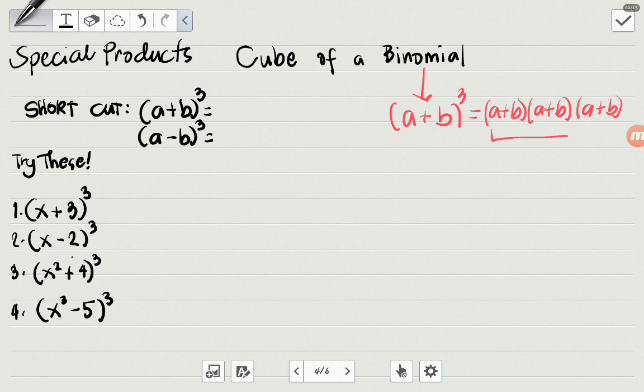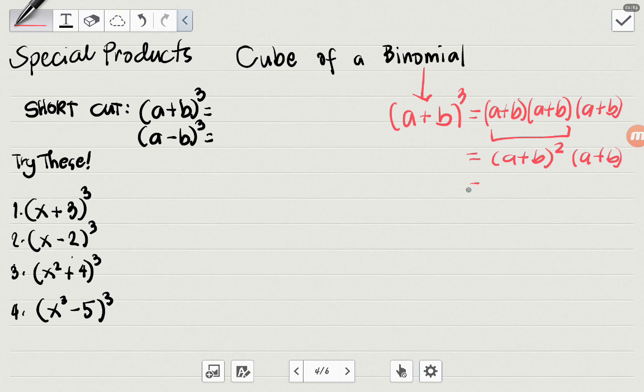At alam natin na a plus b times a plus b ay square ni a plus b, times a plus b. Sinulat ko lang siya as square of a plus b times yung pangatlong factor natin na a plus b.